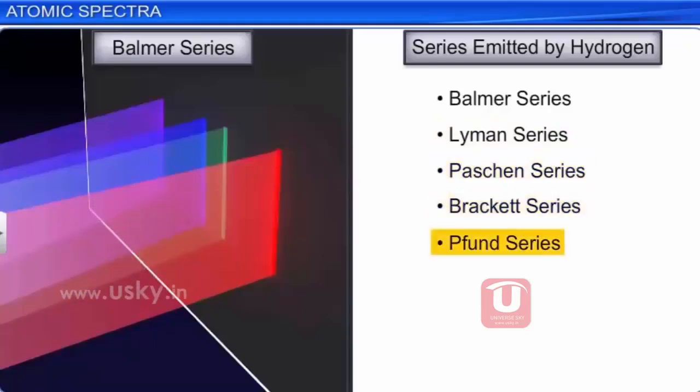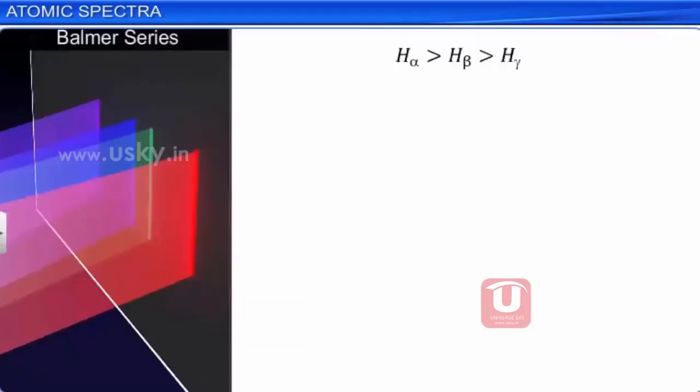Let us look at the lines emitted as part of the Balmer series. The line with largest wavelength in the series is called H alpha, followed by H beta, H gamma, and so on, in the descending order of wavelengths. As the wavelength decreases, the lines appear closer and weaker in intensity.